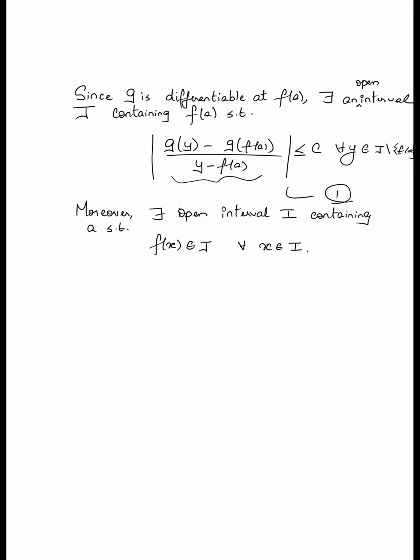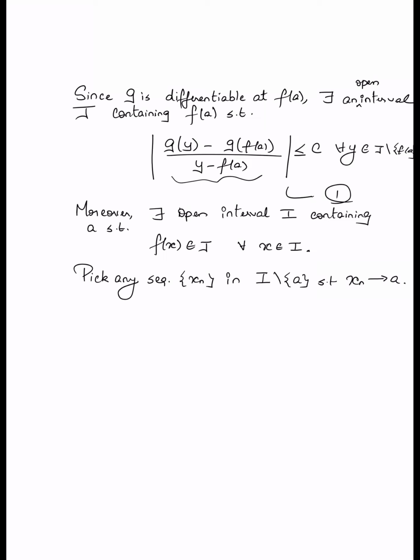Since the interval J contains f(a), I should be able to find some open interval I around a such that the function values in that open interval must also be contained in J. Now with all of this, what we can do is pick any sequence xn within this interval I, which of course doesn't take the value of a, such that xn actually converges to a.